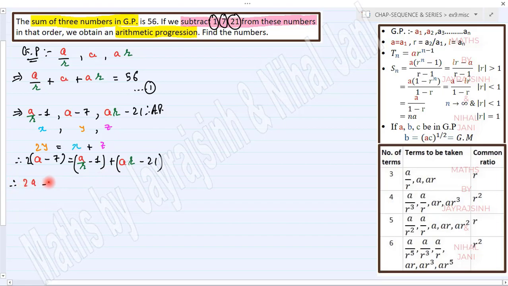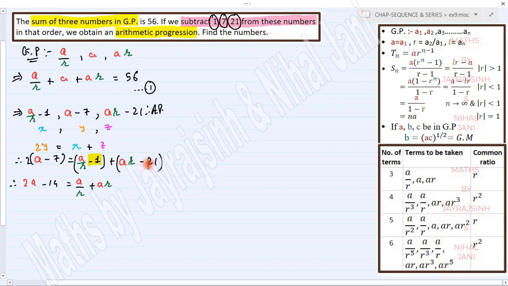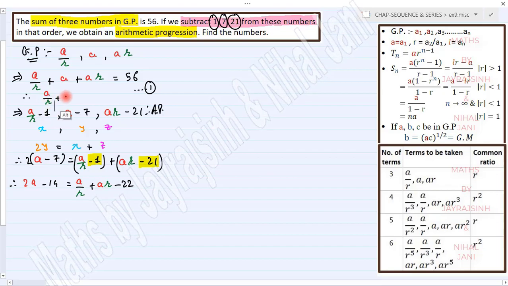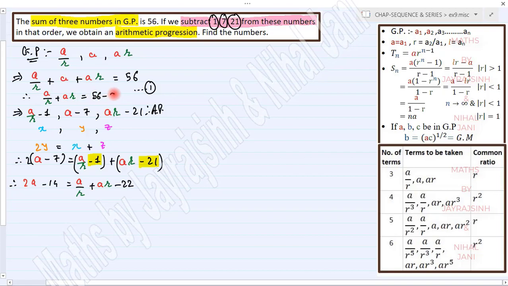We'll get 2a minus 14 is equal to a by r plus ar, and minus 1 and minus 21 will become minus 22. Now from equation number 1 we can say a by r plus ar can be equal to 56 minus a.